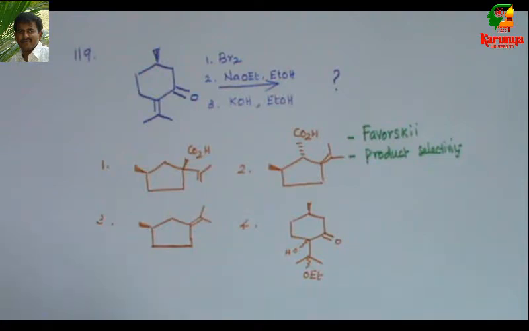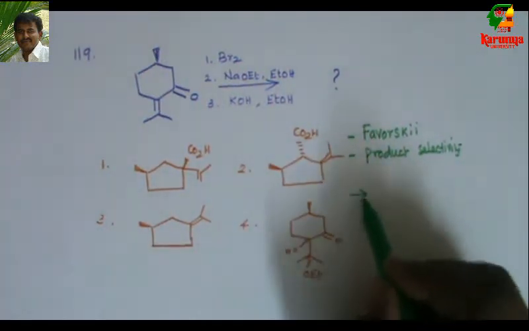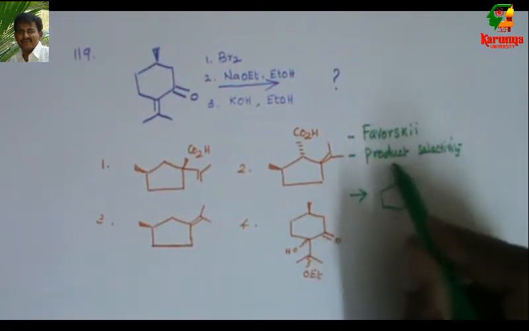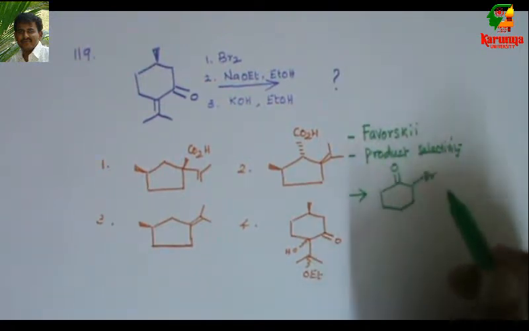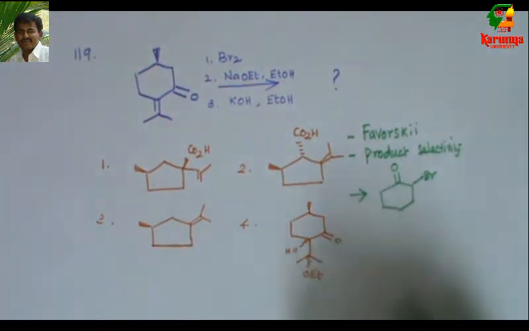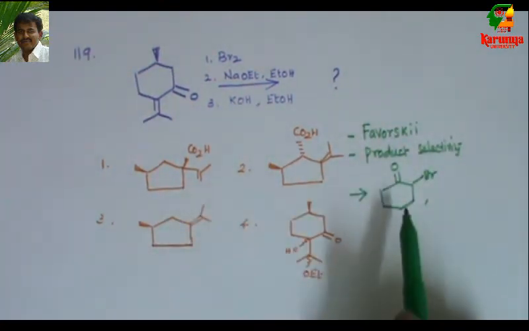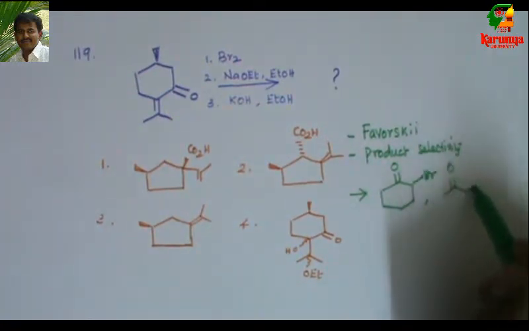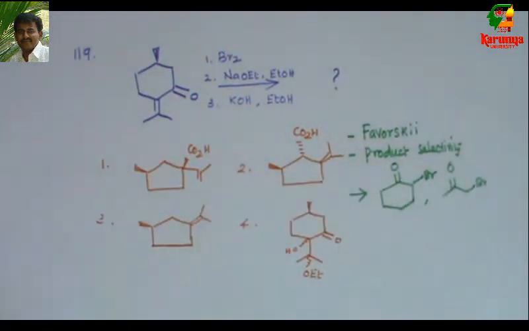First one, the given substrate should be an alpha haloketone. Generally they go for a bromo compound. It's not compulsory that the alpha haloketone should be cyclic. It may be even acyclic like this.